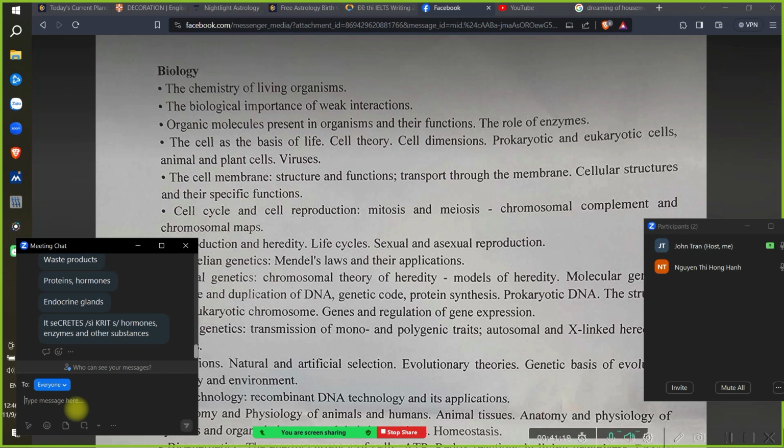Other substances like carbohydrates, lipids, or even free-floating ribosomes.